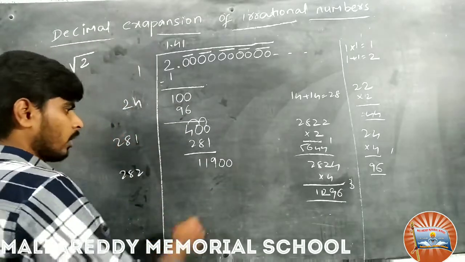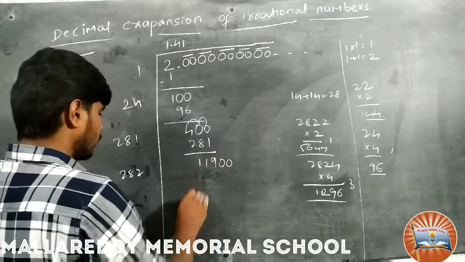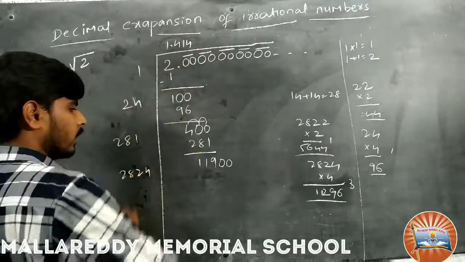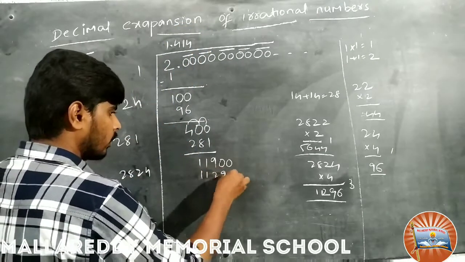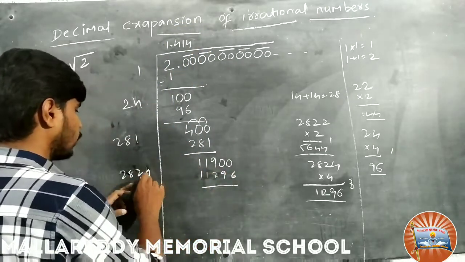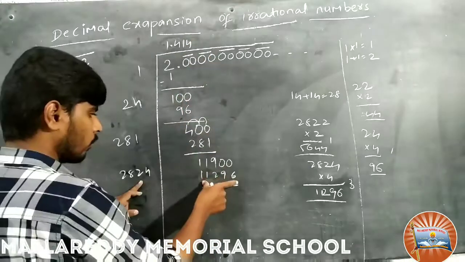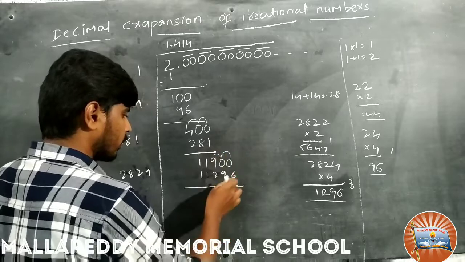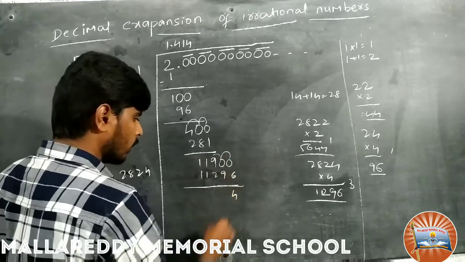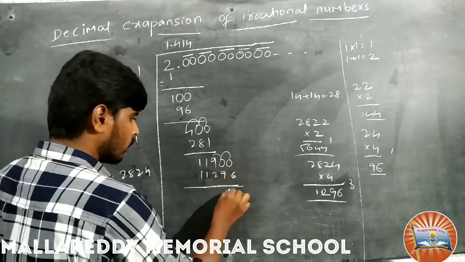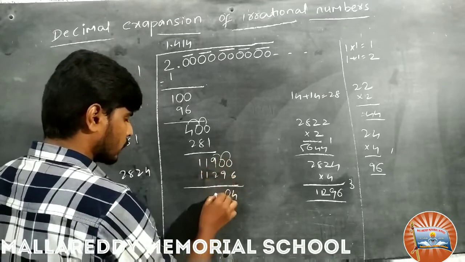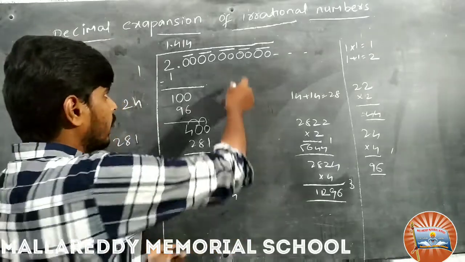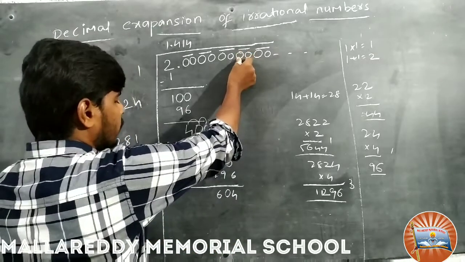First of all we write 4 here and place the 4 here. 2824 into 4 becomes 11296. Now subtract, borrow from here. 10 minus 6 is 4 and 990. 8 minus 2 is 6. 604. Now again drop these 2 zeros here.